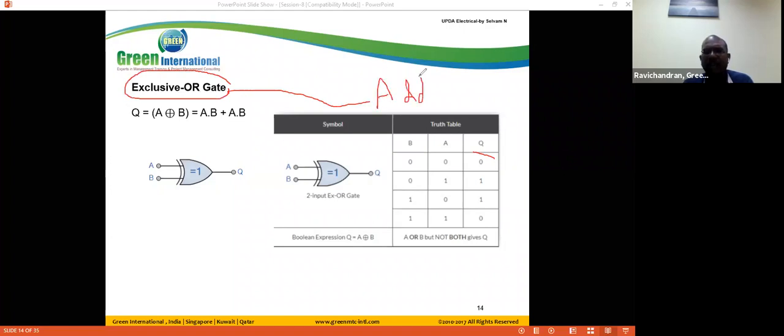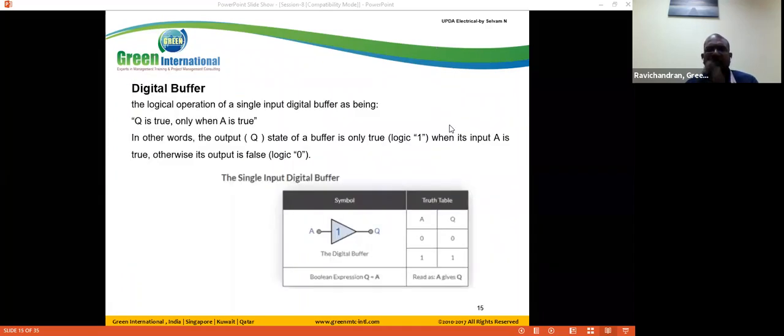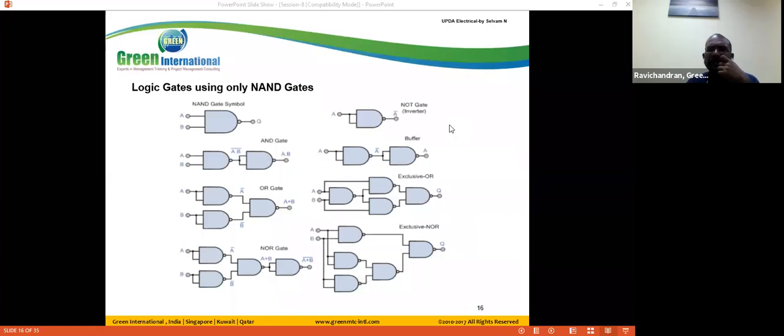We have it on the next slide. So exclusive OR is used for the adder circuit without carry.